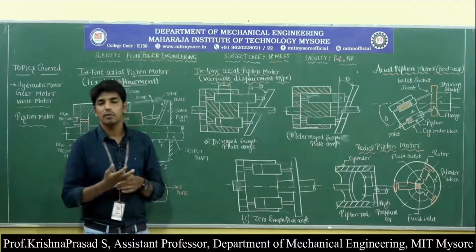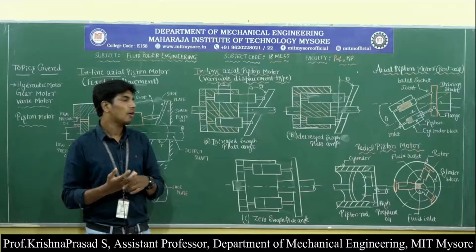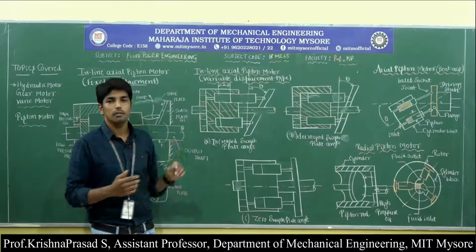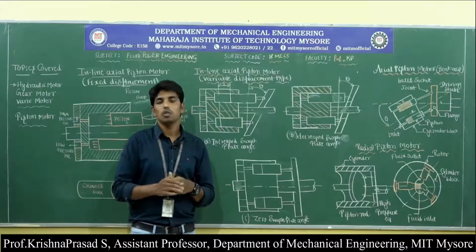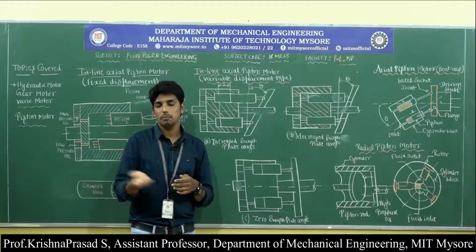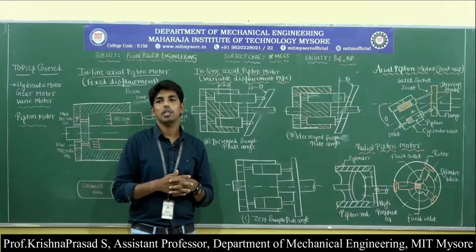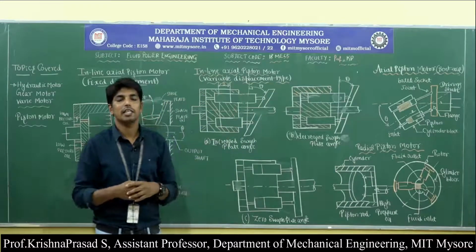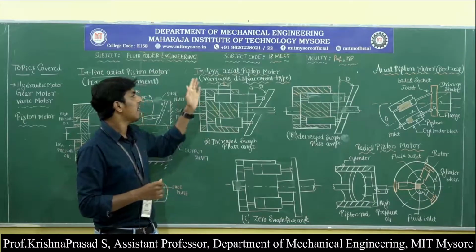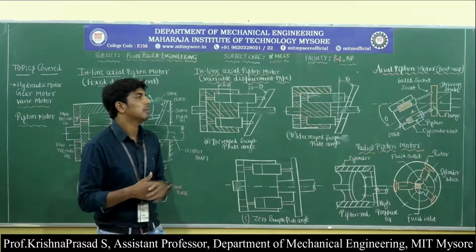Because it happens only with the help of the variable plate design. By varying the swash plate angle or offset angle, the displacement of the piston motor can be obtained. So how can displacement be achieved? By changing the offset angle or swash plate angle.